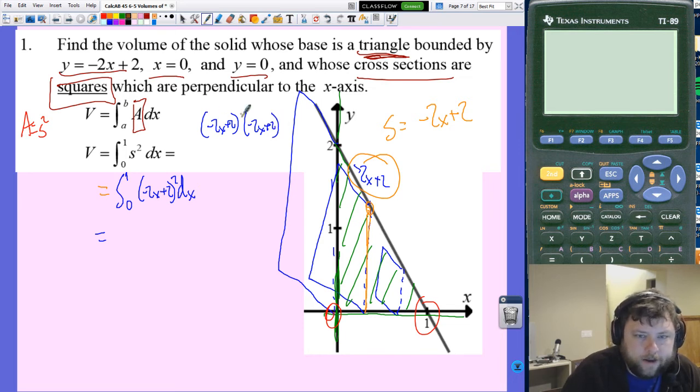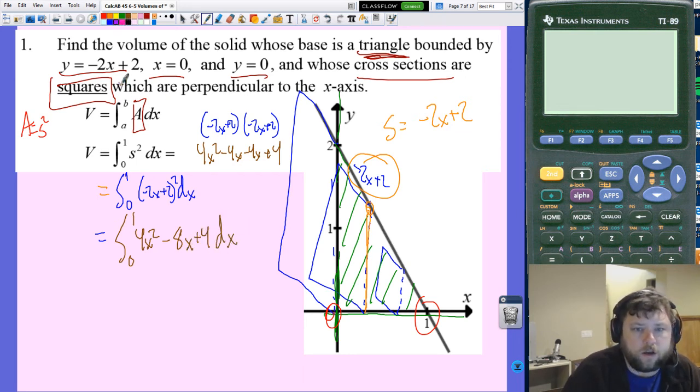I'm going to FOIL that out, so that's going to be positive 4x squared minus 8x plus 4. So that's going to be the integral from 0 to 1 of 4x squared minus 8x plus 4 dx.